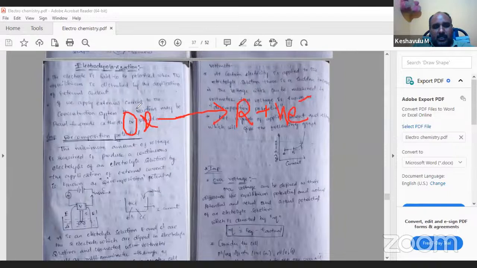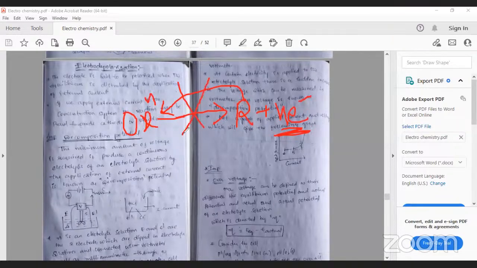Oxidation means the reductant gives electrons, that is, release or loss of electrons. The reverse, the gain of electrons, is called reduction. So the forward is oxidation, the reverse is reduction. Therefore the overall oxidation-reduction process is a redox reaction.